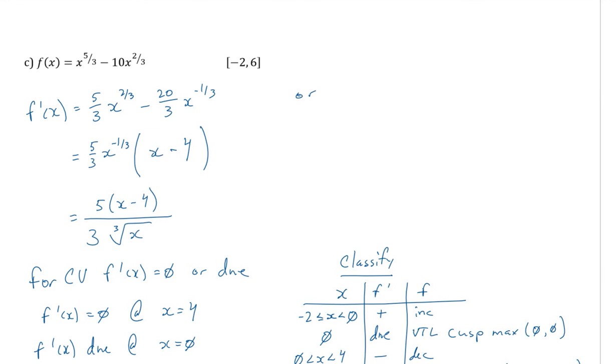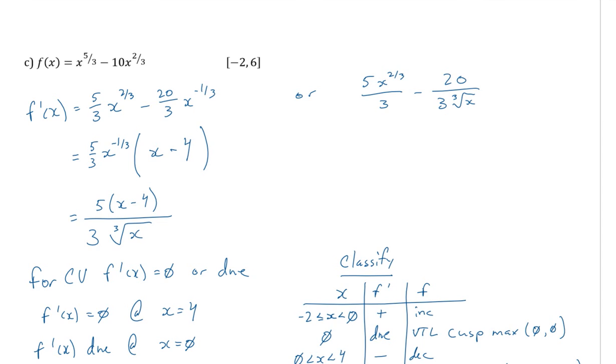So what's the other way that you would do it? You would do it like this. So I would get 5x to the 2/3 over 3 minus 20 over 3 times the cube root of x. So I want to get a common denominator.